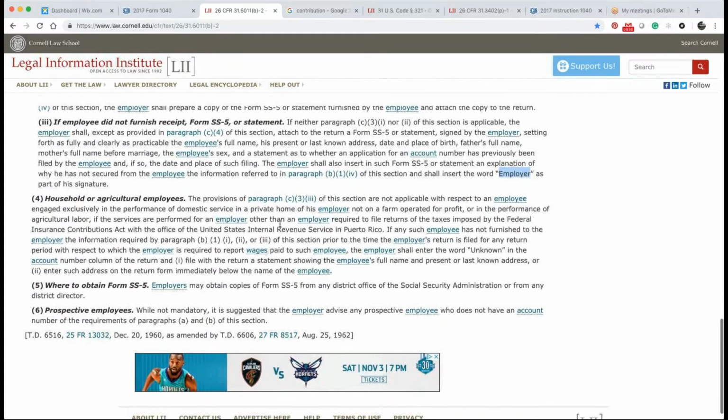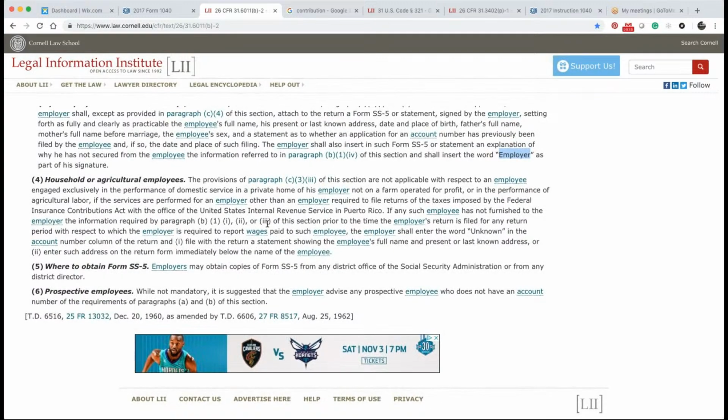Now let's skip all the way down to 6, prospective employees. While not mandatory, it is suggested that the employer advise any prospective employee who does not have an account number of the requirements of paragraphs A, B of this section. So they're telling you that the claim that the employer is forcing you to give them a number is false. It's not mandatory.